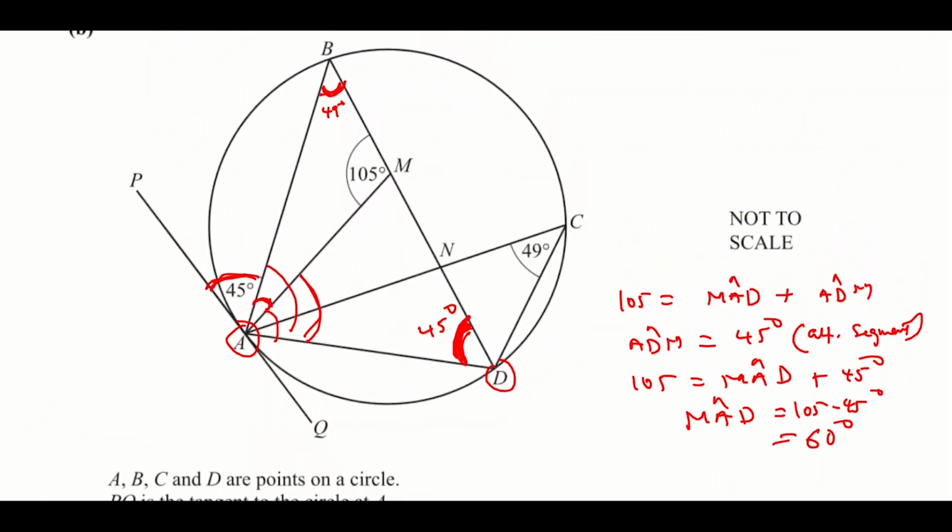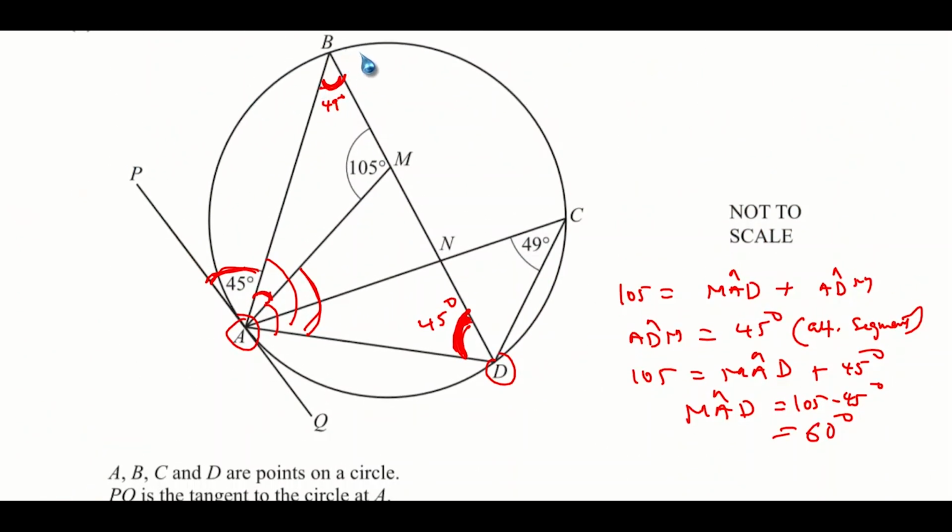Okay, here if BD was a diameter, then this angle here, the whole of this, that is angle BAD, should be equal to 90 degrees, because it will be angles in a semicircle.